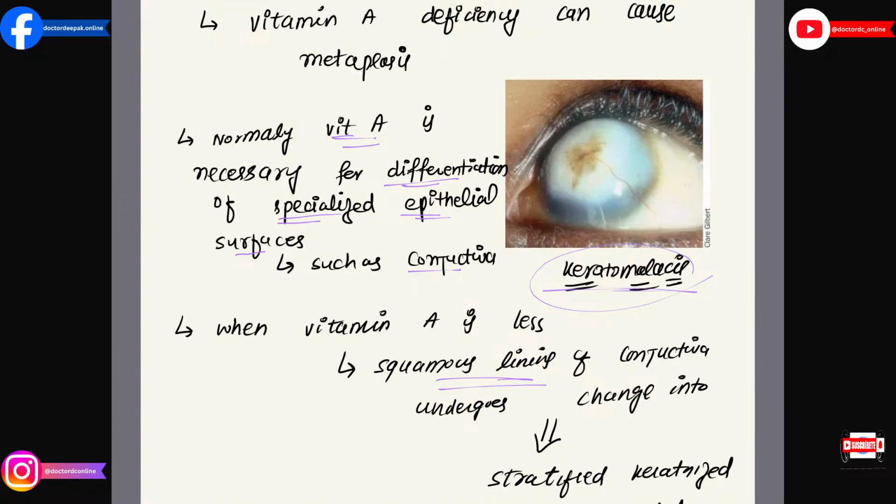What happens in this change? The squamous lining of the conjunctiva will not undergo differentiation. So this is an example of metaplasia. They can ask you whether keratomalacia is an example of hypertrophy, atrophy, or hyperplasia. You just have to keep in mind it is an example of metaplasia. So that's all about metaplasia.